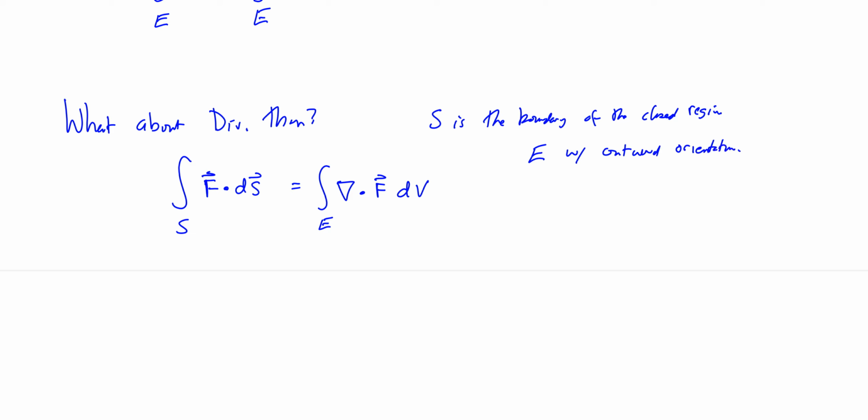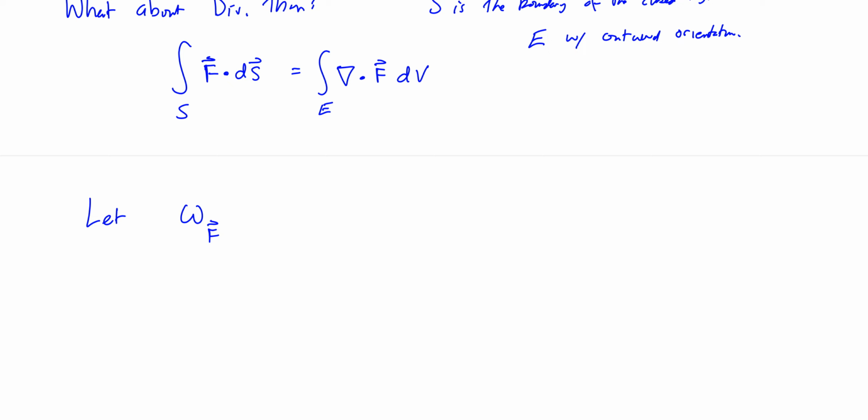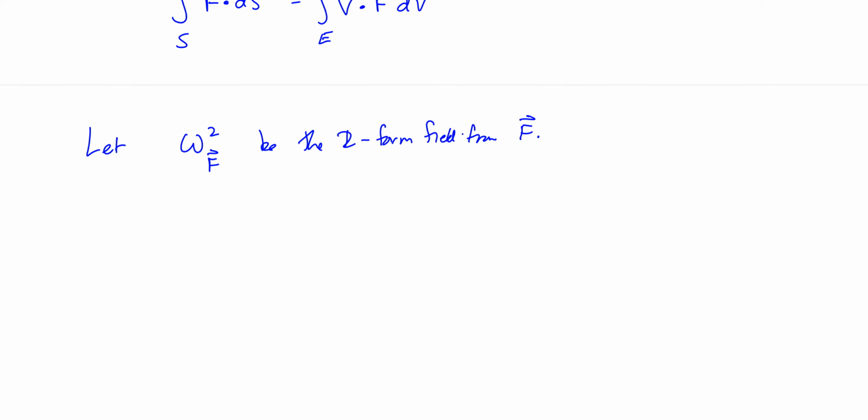Well, let's think of how we can rewrite this. Let omega F2 be the two-form field from F. Now what we calculated in the section on exterior derivatives was that if I take the derivative of this two-form field, this just became the divergence of F dx wedge dy wedge dz.